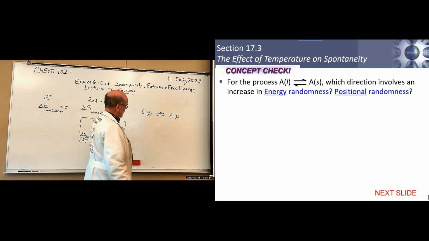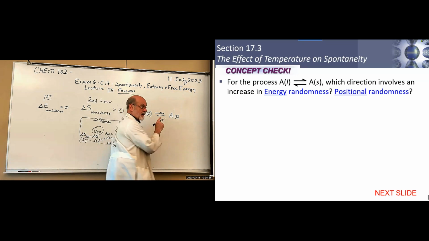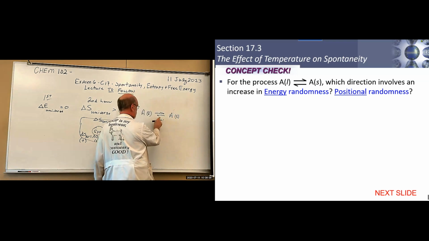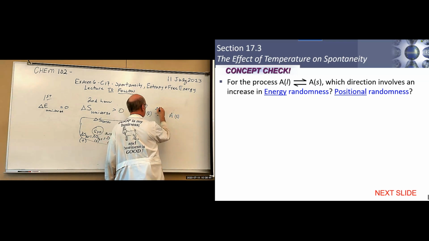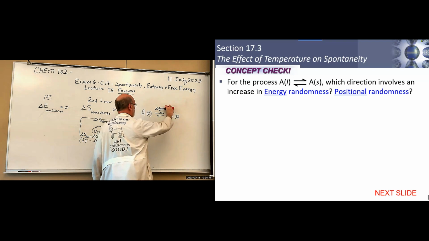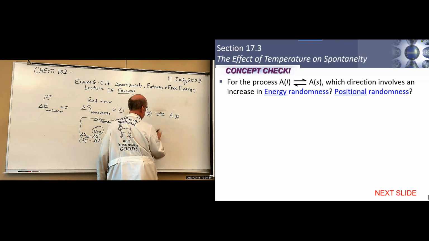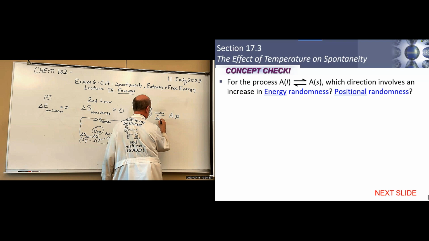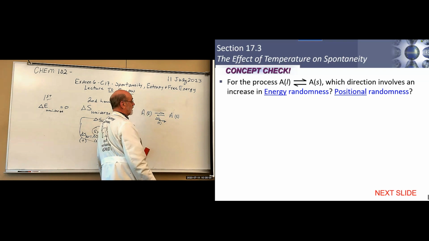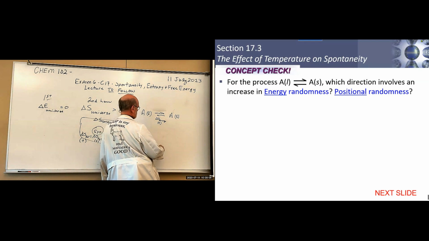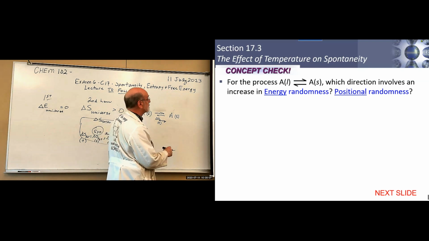Solid to liquid, you would expect an increase in energy entropy. This one should be an increase in the energy entropy. How about positional entropy? Liquid and solid? An increase.